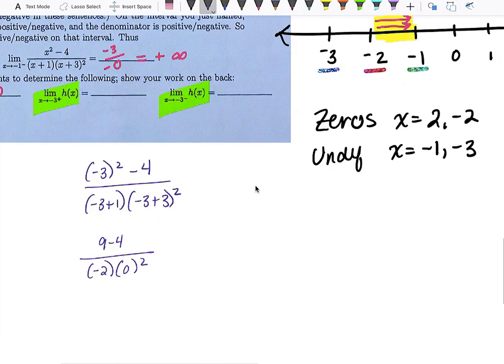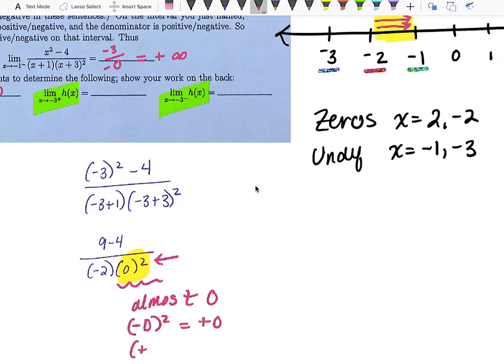Now, this is actually really good because anytime you square a number, this almost 0 is just going to be positive no matter what. If it was a negative almost 0 and we squared it, it would be a positive almost 0. And if it were a positive almost 0 and we squared it, it would also be a positive almost 0.